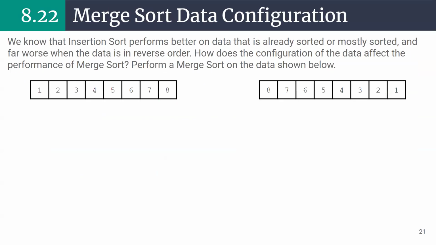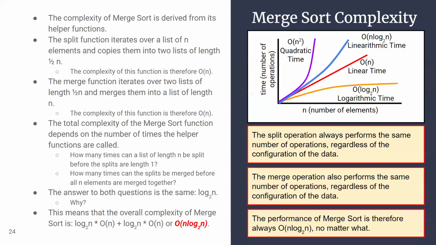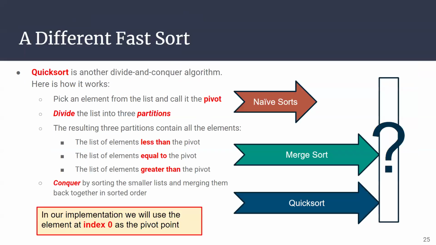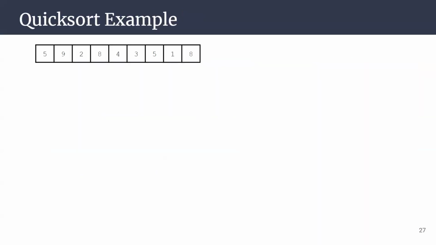The next algorithm, quick sort, is also from this family of divide and conquer, but we will now split our array into three parts, not two, and apply this algorithm to these parts.